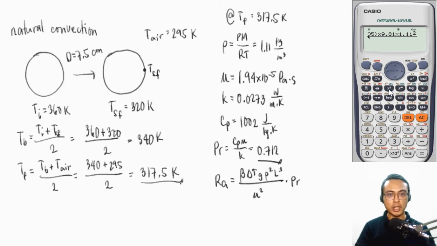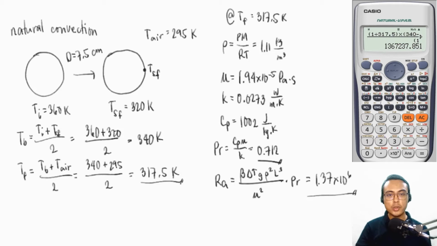So this is the density of the air squared times the characteristic length, or the diameter of the sphere, 0.075 meters raised to 3, divided by mu squared, that is 1.94 times 10 raised to negative 5 squared, multiplied by the Prandtl number 0.712. Our Rayleigh number is 1.37 times 10 raised to 6.